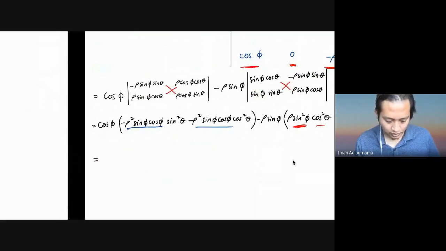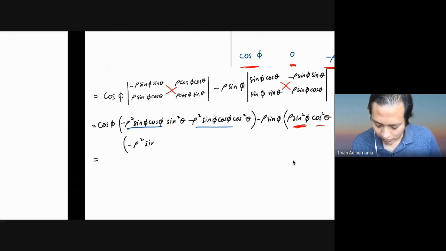If we are going to write this in terms of negative rho squared sine psi cos psi, and then this will be equal to 1, right?